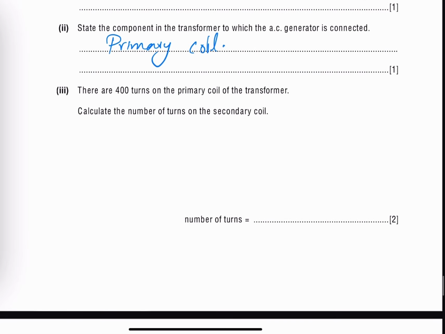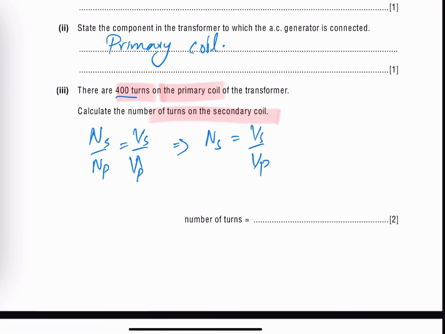There are 400 turns on the primary coil. Calculate the number of turns in the secondary coil. Okay, so we have the voltages. Again, we have to use the transformer equation. Ns over Np is equal to Vs over Vp. So Ns is equal to Vs divided by Vp multiplied by Np.